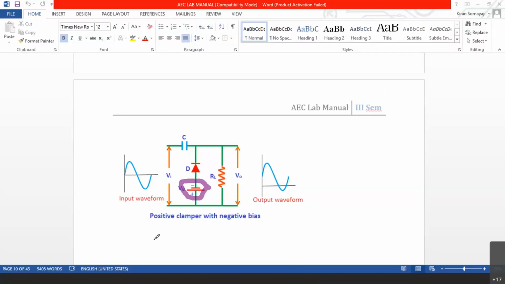See, remember this. This is a positive clamper with the negative bias. If at all I reverse this, then it is becoming a positive bias. So does it remain a clamper? Think again. So it becomes DC, sir. Yeah. Who's told this? Nikhil. Nikhil, very good. Now, if you reverse this battery, what happens is the diode remains forward biased.